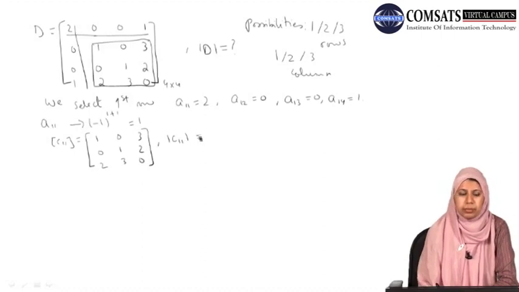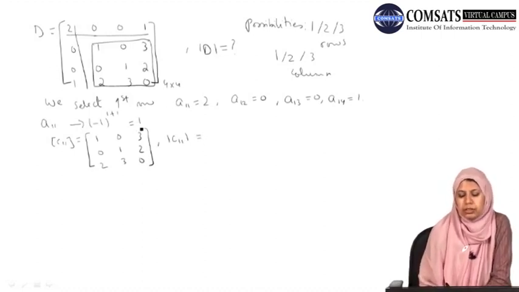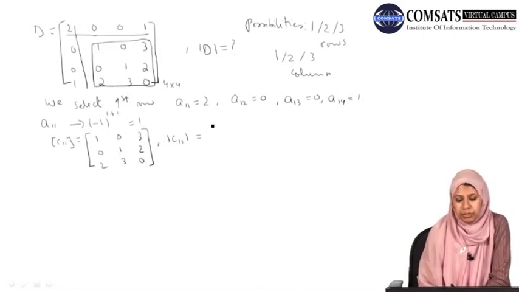Okay, first we find the determinant of this matrix. We can start with any row or column, because every row or column has at least one 0. We start with the first row.